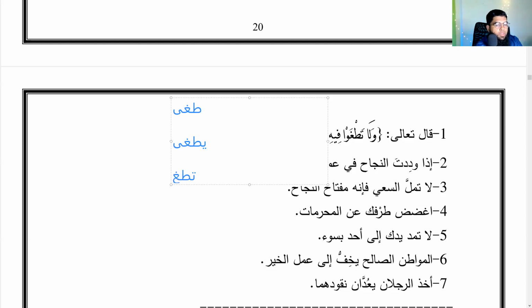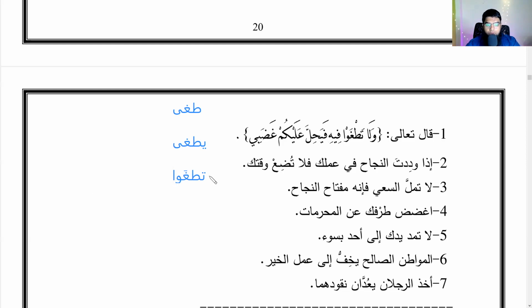And then we learned the rule, no? If you are joining wawul jama'a, what do you have to do? Tuhdhafu: you delete the lam kalima. So it will become tat, and if it's a fatha, you leave the fatha. Tatghaw. Wa la tatghaw. Where's the lam kalima, you want to ask?